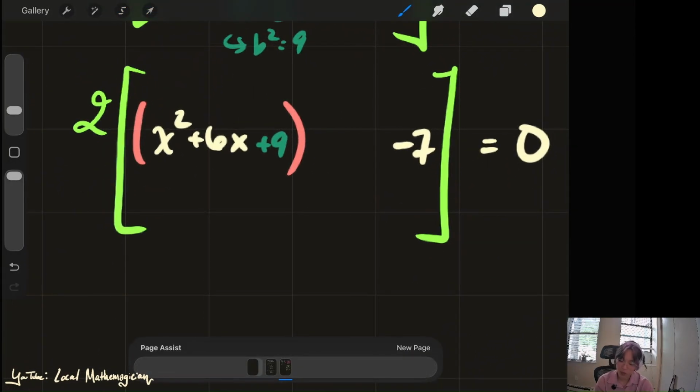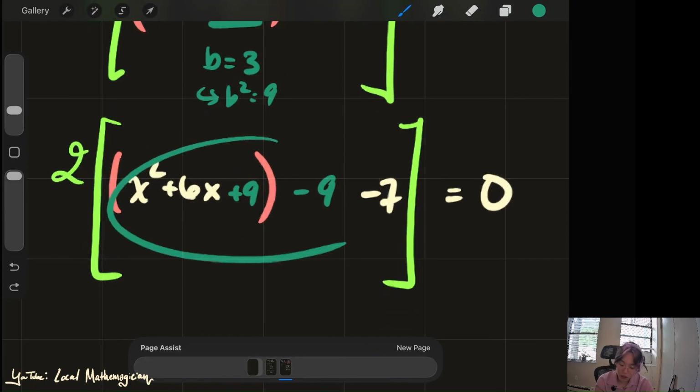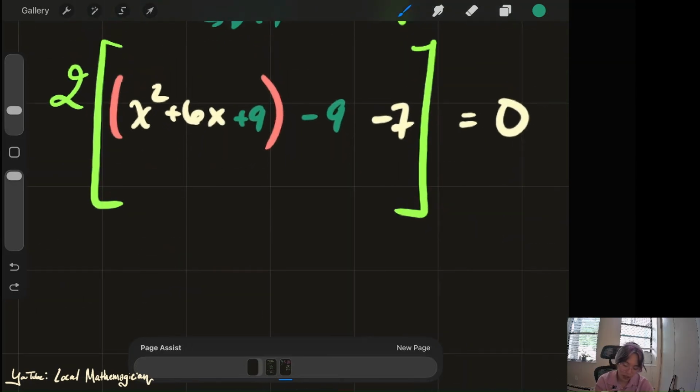So if we add 9 on the inside, we should subtract 9 out here. Hear me out, it will make sense. Notice how this is all wrapped inside of that green. That's important because we're completing the square inside of the green. Very, very important.